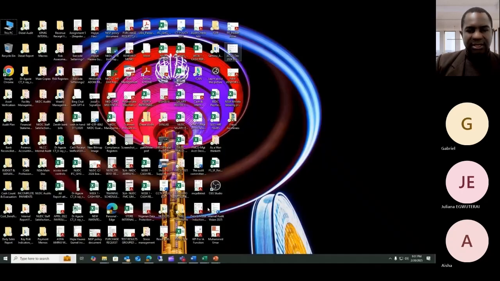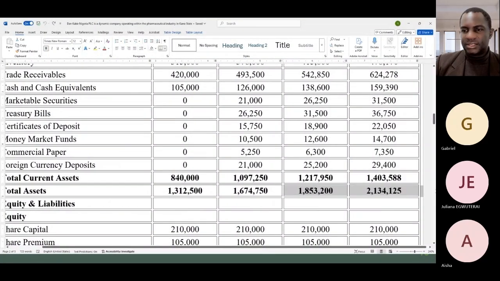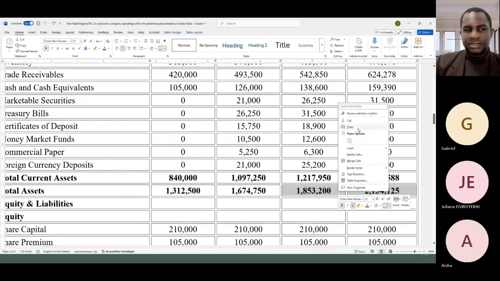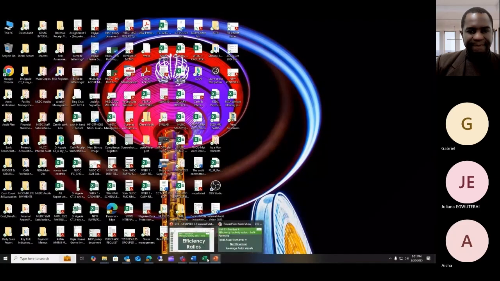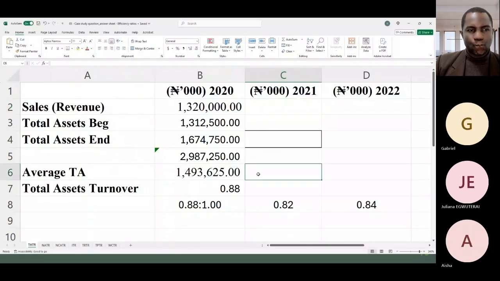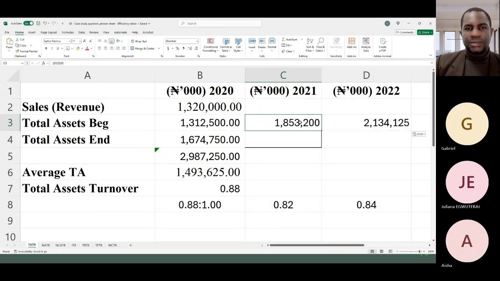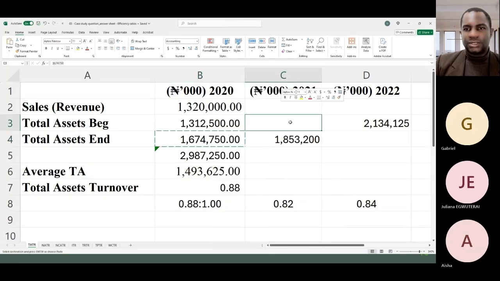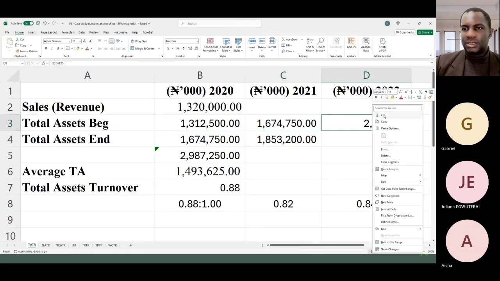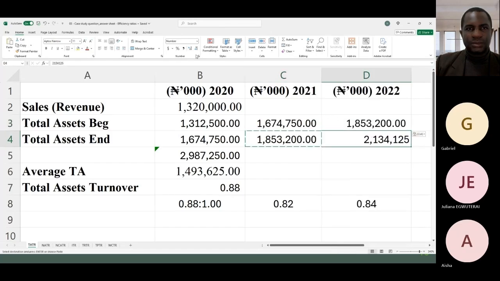So let's validate the total asset figure for these 2 years. So our total asset will be, okay, so this would be the ending, and this will be the beginning for this. So this will be the ending for 2022, and this will be the beginning for this.